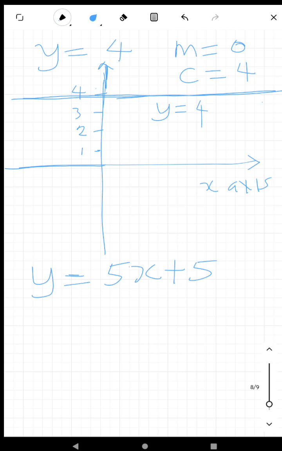First and foremost, we'll compare it with y is equal to mx plus c. If you look at y here, it's multiplied by 1. The coefficient is 1. This one too, the coefficient is 1.